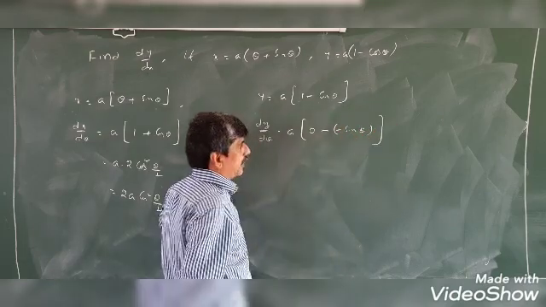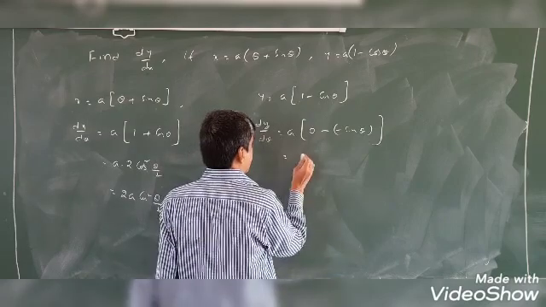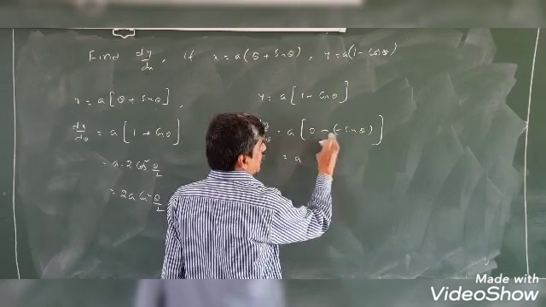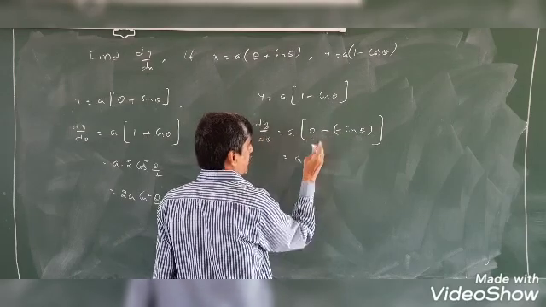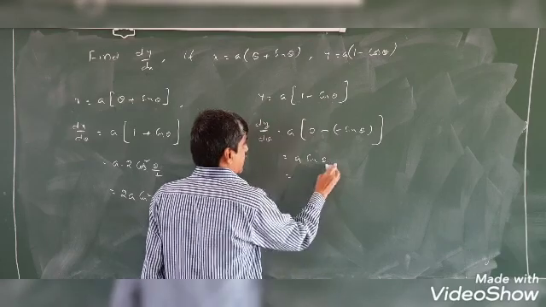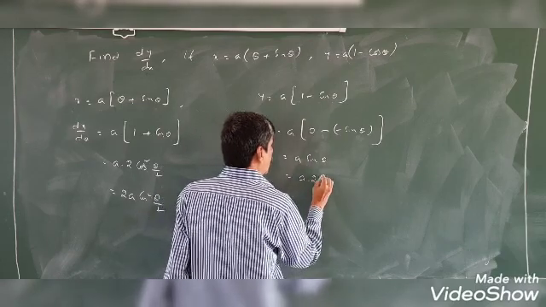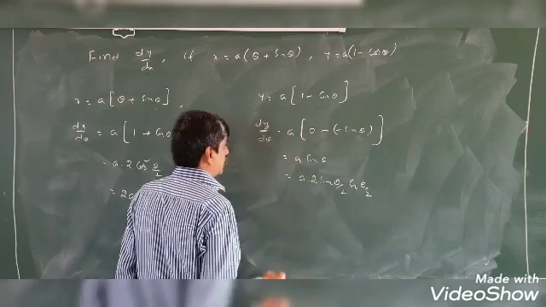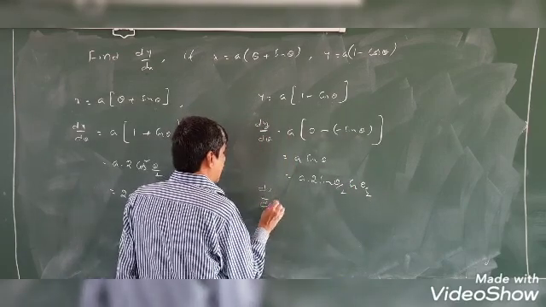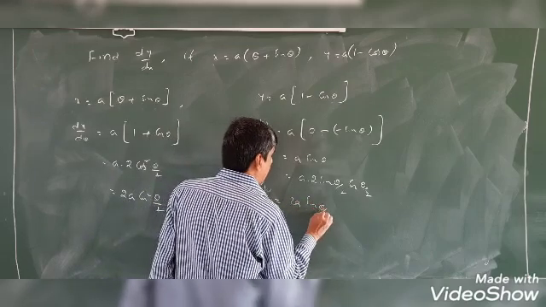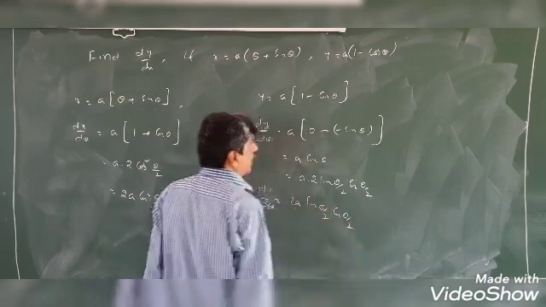So this is a into minus of minus sin theta, which is plus sin theta, so a sin theta. Writing it as 2 sin theta by 2 cos theta by 2, dy by d theta is 2a sin theta by 2 cos theta by 2.